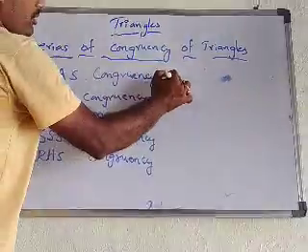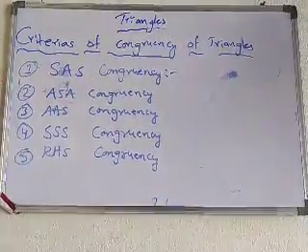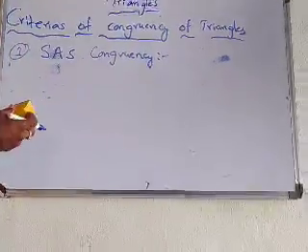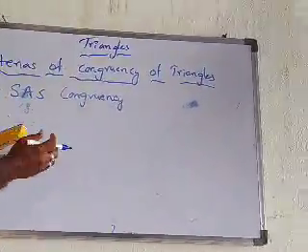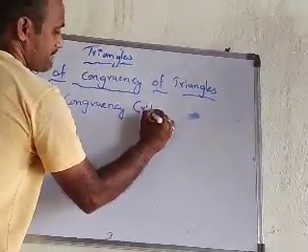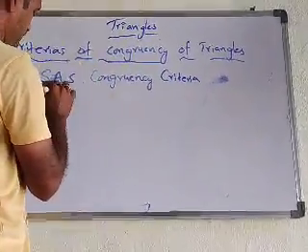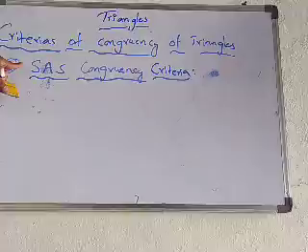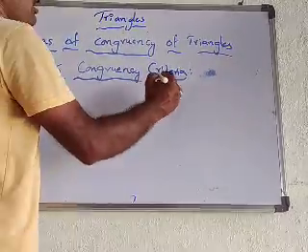So let us define one by one. First let us talk about SAS congruency criteria. So here clearly it is there that two sides and one angle.